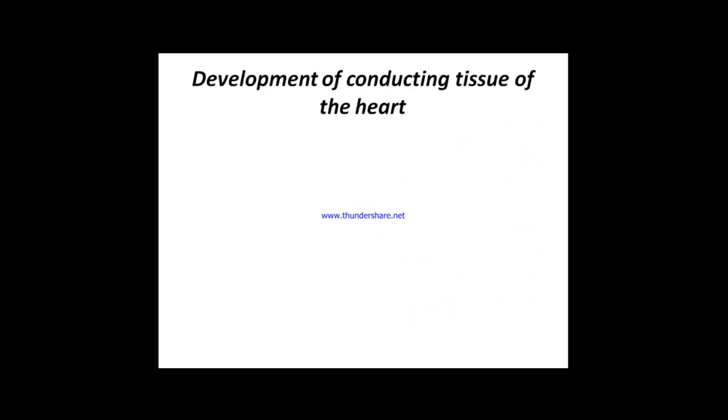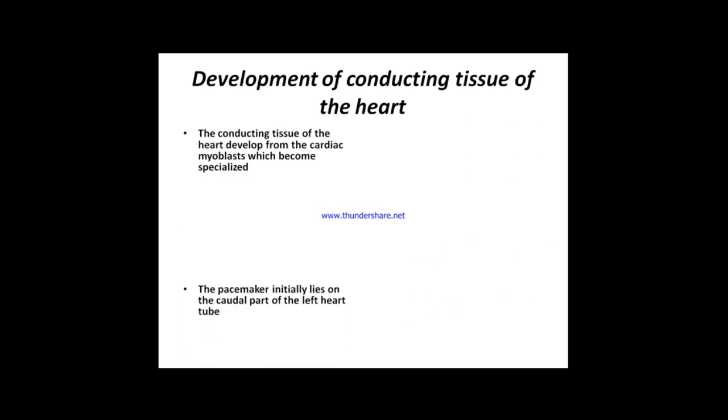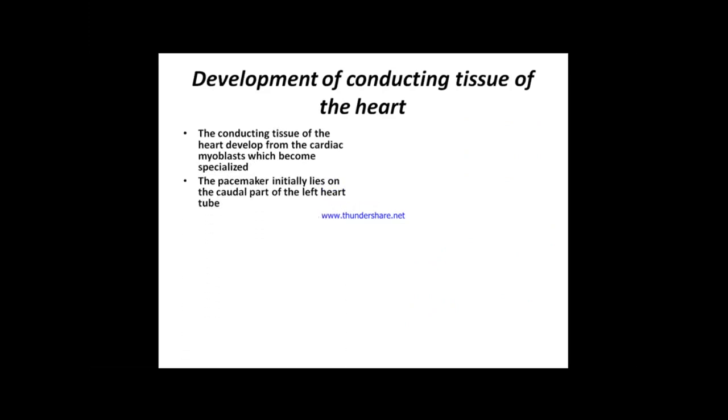Now, development of the conducting tissue of the heart. The conducting tissue of the heart develops from the cardiac myoblasts, which become specialized. The pacemaker initially lies on the caudal part of the left heart tube, at the lower end of the heart tube, where we have the sinus venosus, which later on forms the right atrium.